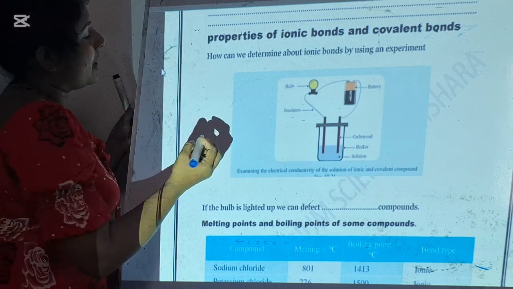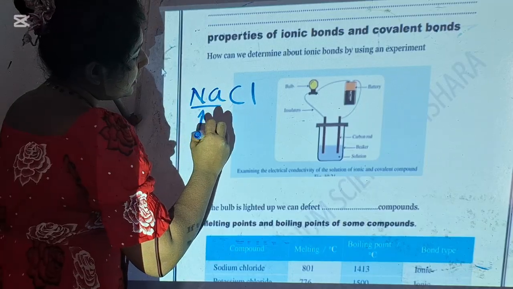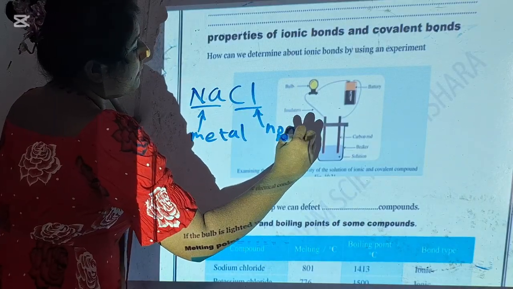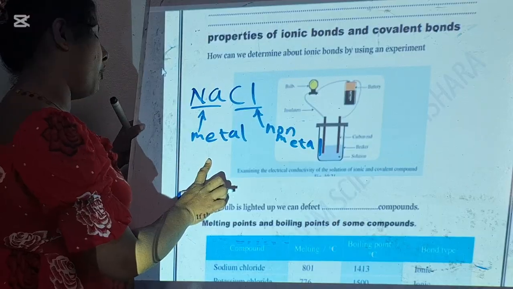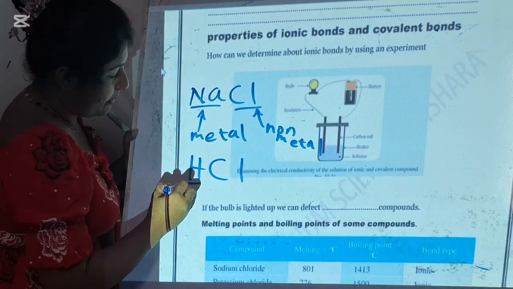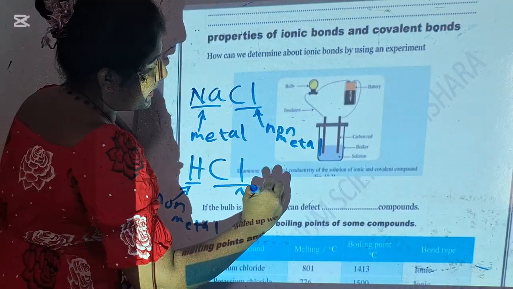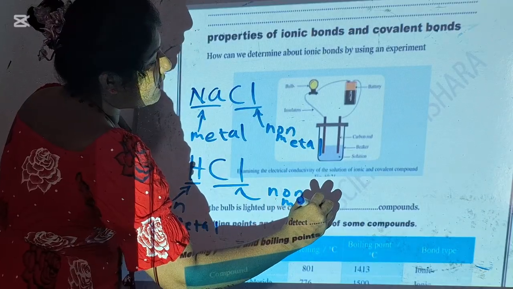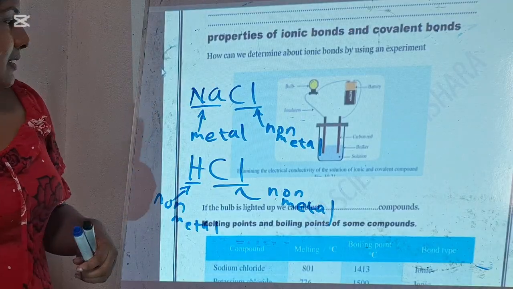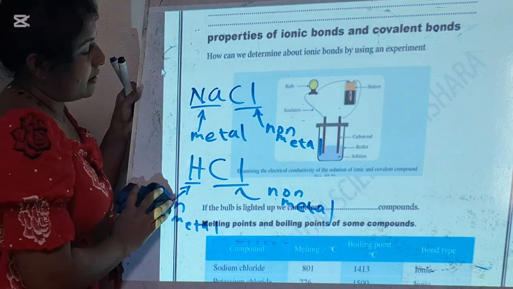For example, sodium chloride: sodium is a metal, chlorine is a non-metal, so a metal with a non-metal normally makes ionic bonds. But if we take an HCl molecule, hydrogen is a non-metal and chlorine is a non-metal. Non-metal with non-metal normally makes a covalent bond. ඕක තමයි hint එක.